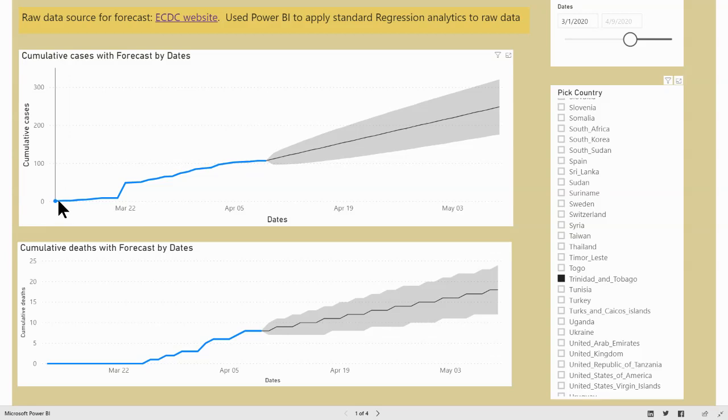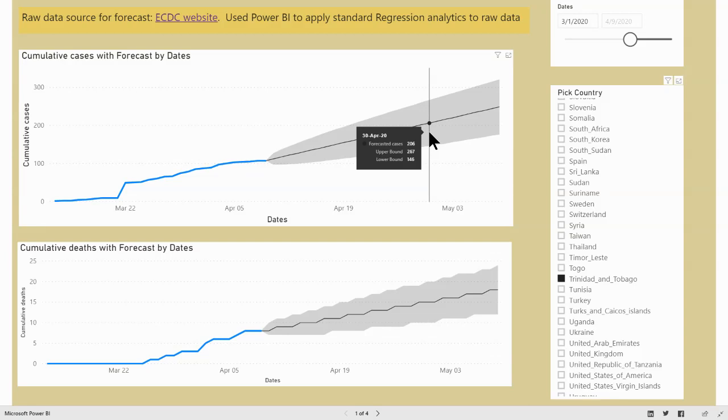This is how the cases would have started off with just one case on the 13th of March. And then where the blue line stops means that this will be the end of the actual cases. It went up to 107 cases. And by the end of the month, that is projected to go up to 206 cases, or thereabouts, between 146 and 267.